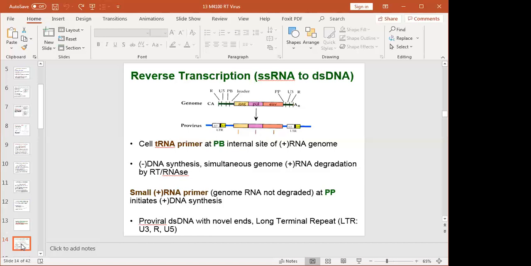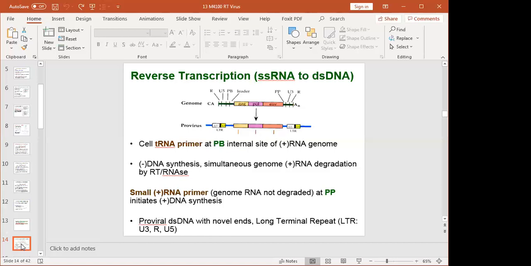Once DNA synthesis starts, we have the RT, which is the polymerase, we have the primer, we have the sequence, and we make a complementary strand to this. This complementary strand that we are making will eventually become the 3' end of the proviral genome.